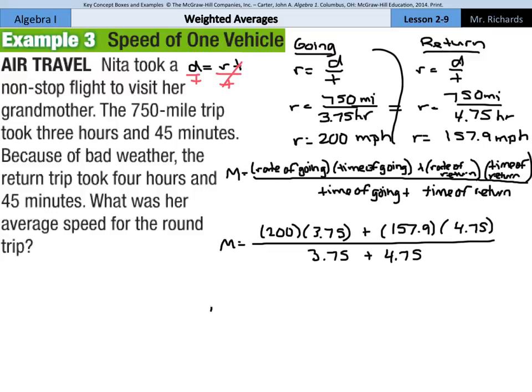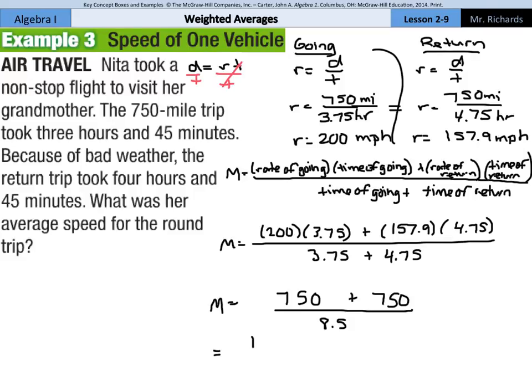So m is going to equal 200 times 3.75 is 750, plus our 157.9 times the 4.75 is the 750 again, all over our 3.75 plus our 4.75, which is 8.5.